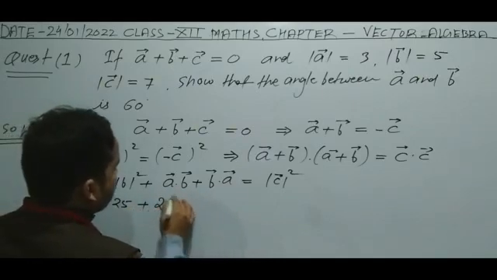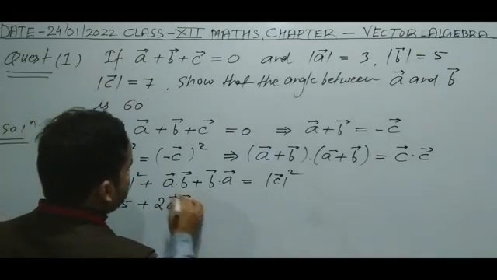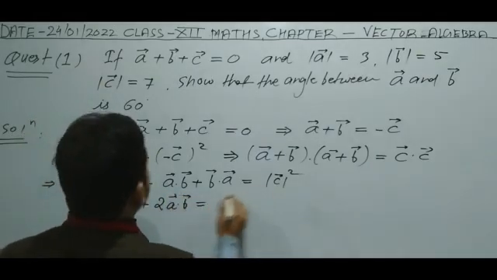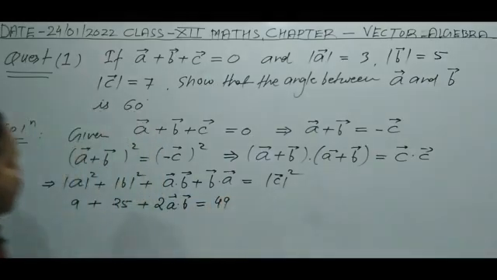So we can write 2 times vector A dot vector B is equal to mod of vector C squared, meaning the result will be 49. Now 25 plus 9 is 34.